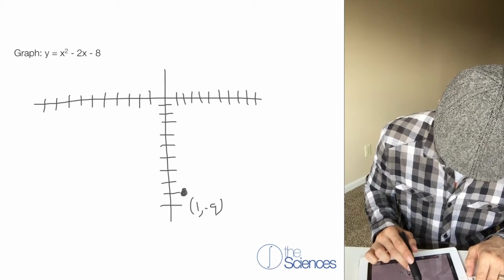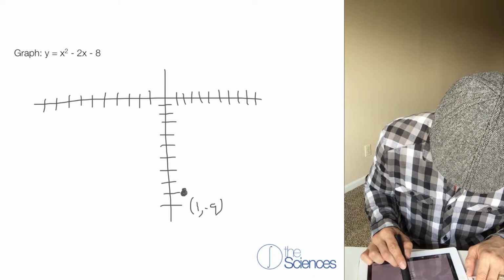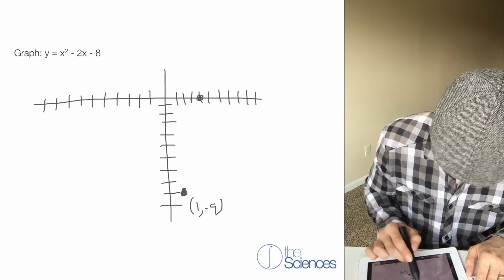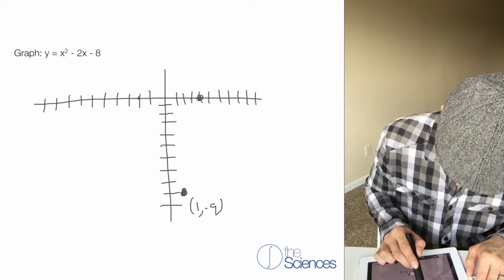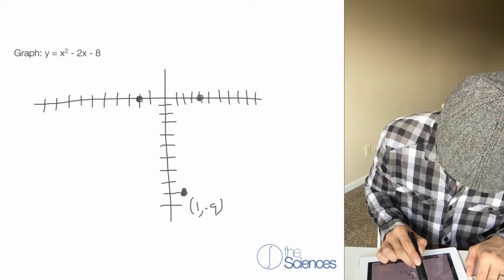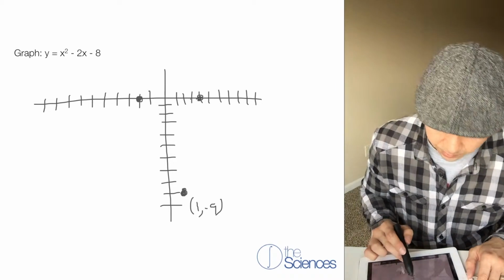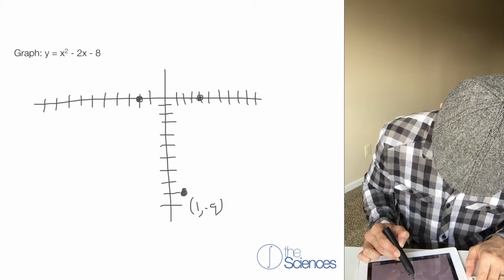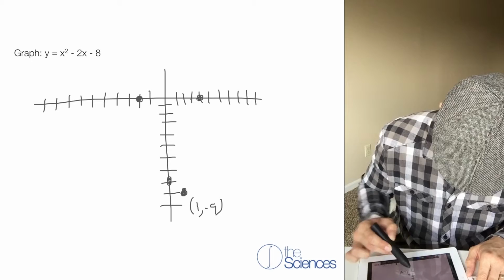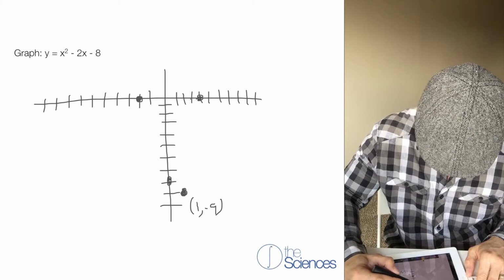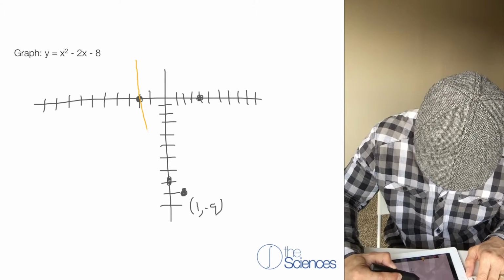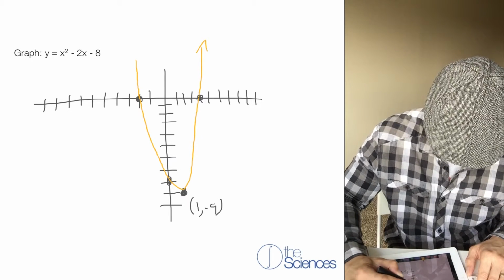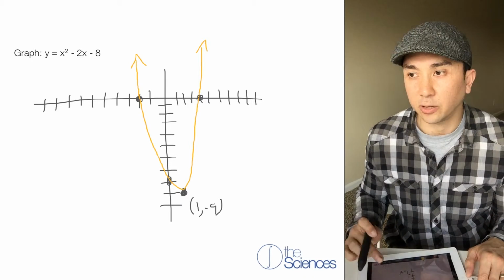We have an x-intercept at (4, 0), 1, 2, 3, 4, and another one at (negative 2, 0). And then our y-intercept passes through (0, negative 8). So that means our graph has a shape like this. So that's our answer.